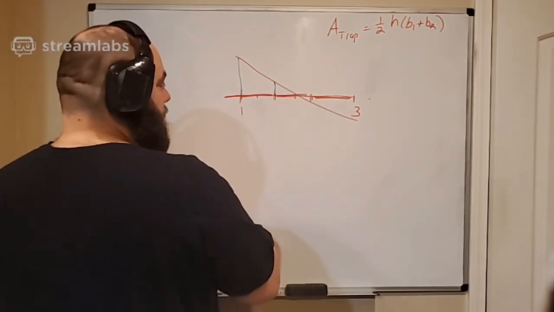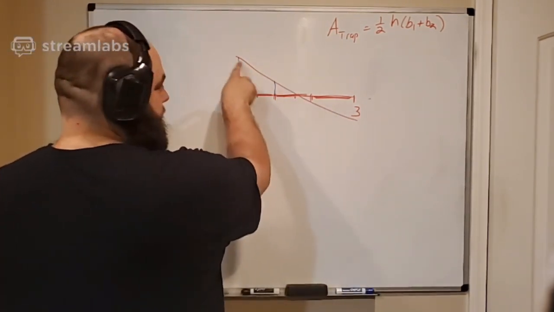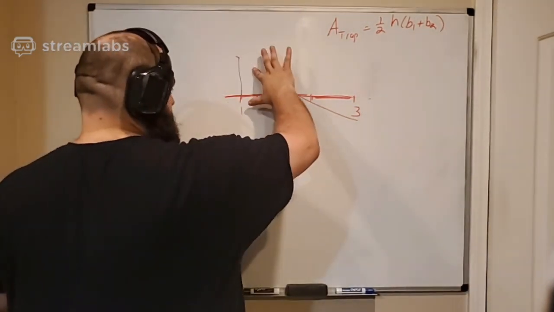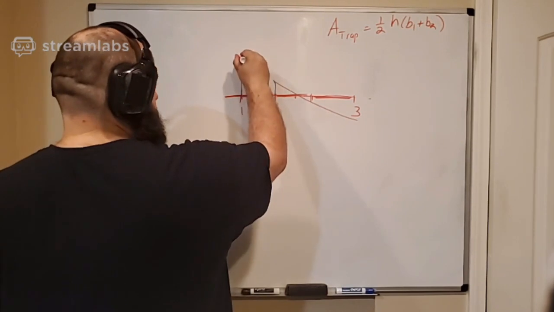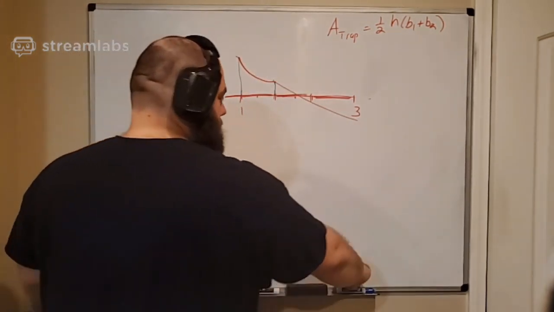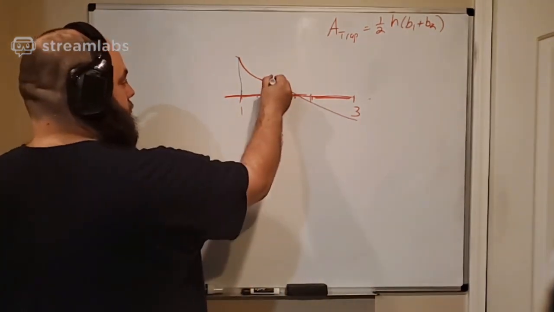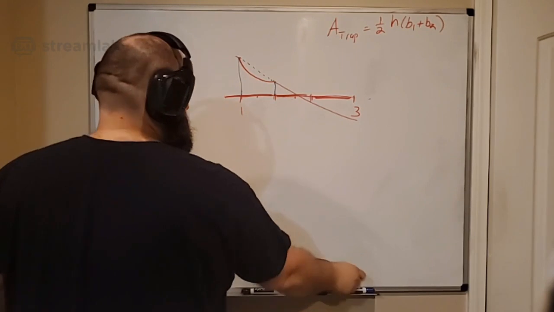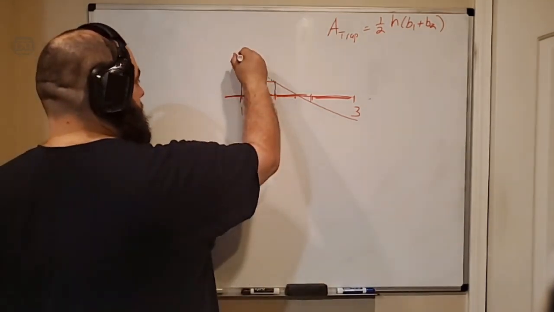That part doesn't matter. The question is, which way does it curve? So for instance, I'm going to exaggerate it. If I'm concave down like that, then my trapezoidal rule becomes an overestimate.